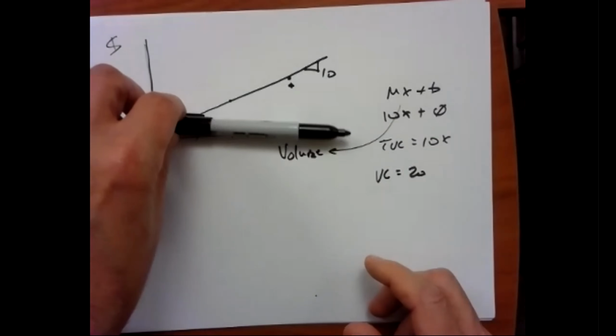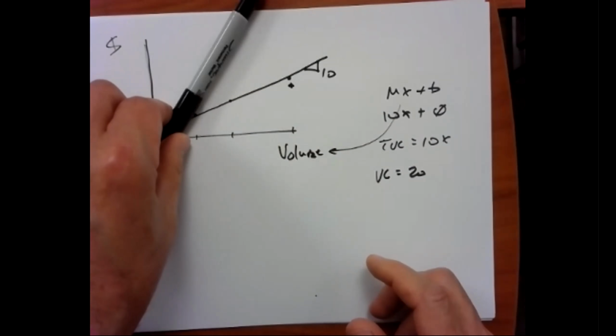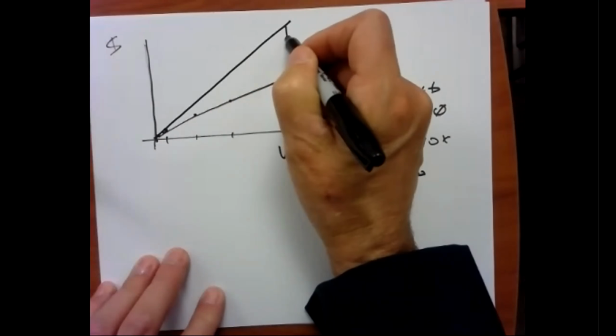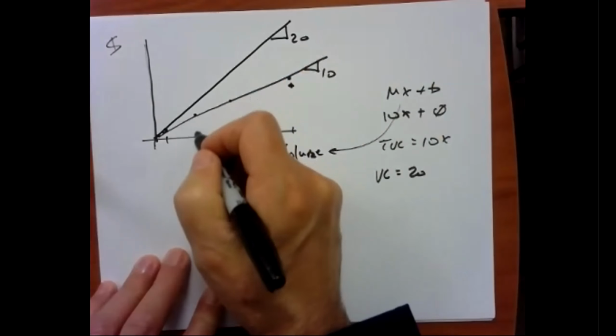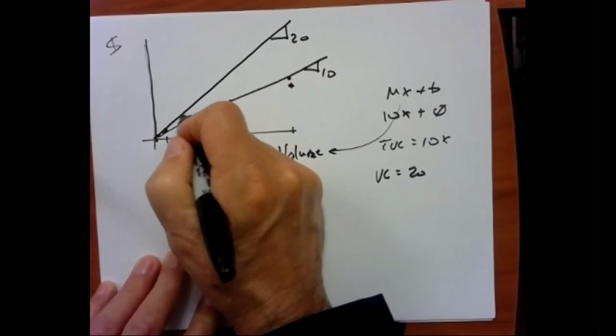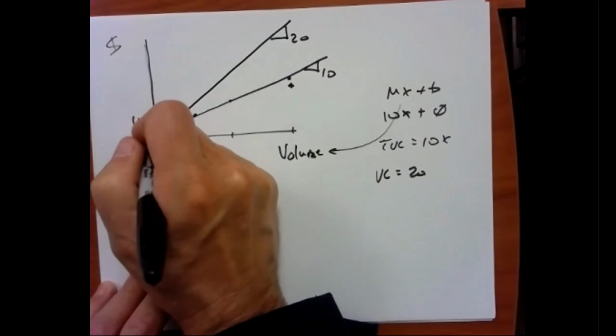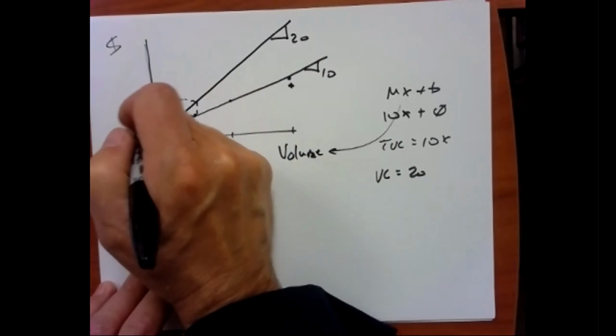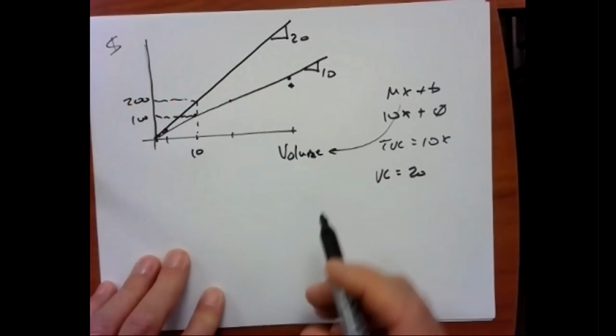Would it be shallower or steeper? It's going to be steeper, right? Because if this was our 10 value, at 10 with a slope of 10, I'm going to be at 100. If I have a slope of 20, at 10, I'm going to be at 200, right?